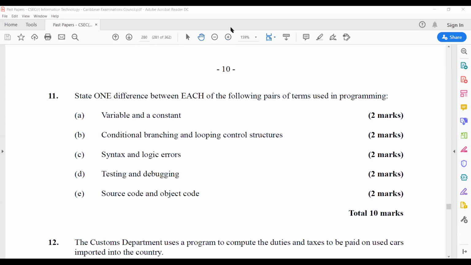How about syntax and logic errors? What is the difference between them? Remember, a syntax error has to do with mistakes made in the structure of the program.